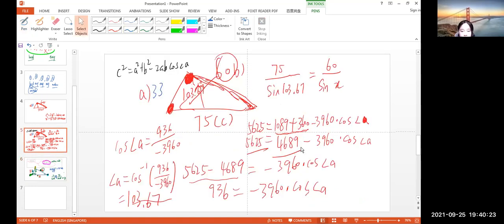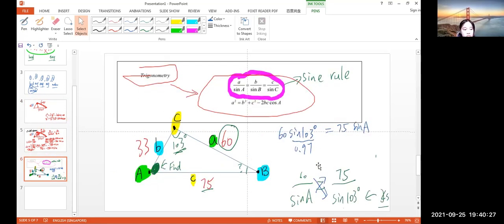I erased it already, but I remember it's about 0.97 because I calculated it myself. Then you times the 60, and you get 50 something, right? 50 plus. Then sine A is actually 50 plus divided by your 75.